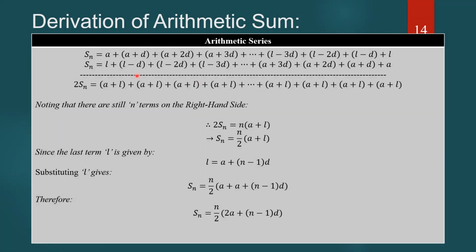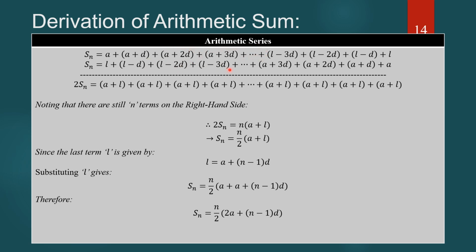The general expression for an arithmetic series would be expressed by the top statement as shown. The sum of n terms is equal to a, being the first value, plus the second value, which would be a plus the common difference, d. That value would be a plus 2d, and so on.